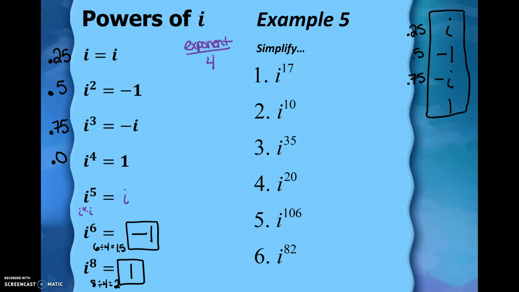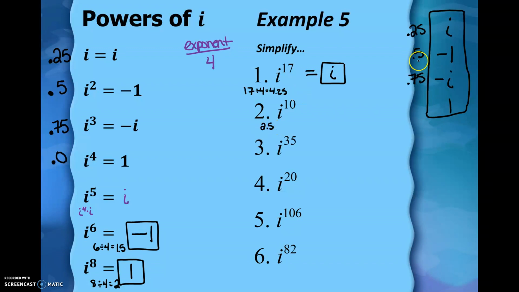So on number 1, off to the side, I would do 17 divided by 4. 17 divided by 4 gives me 4.25. That ends in 0.25, so my answer is i. On the next one, i to the 10th, do 10 divided by 4, we get 2.5.